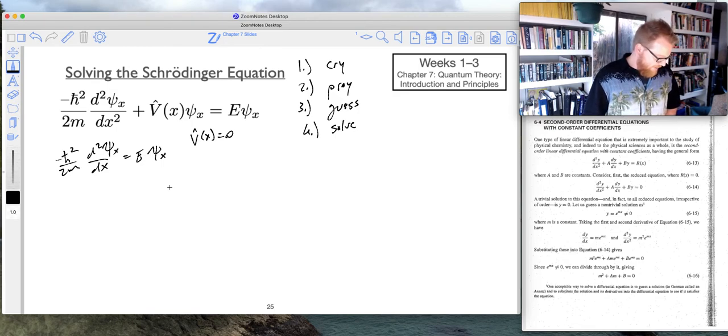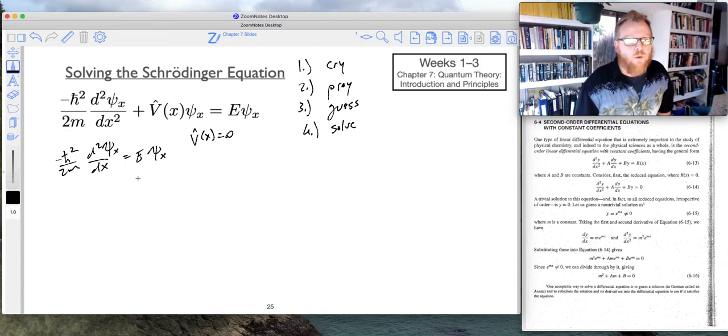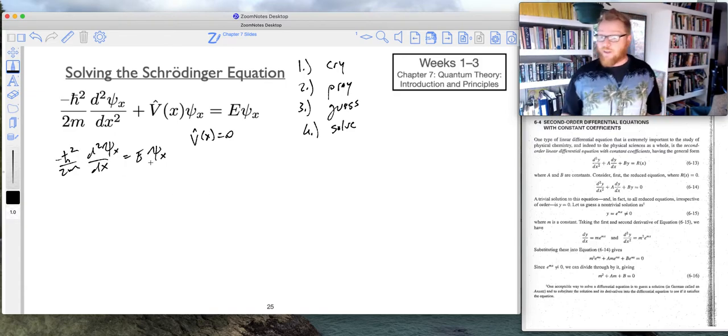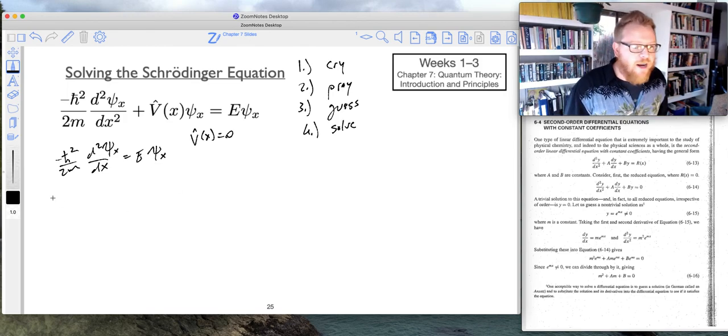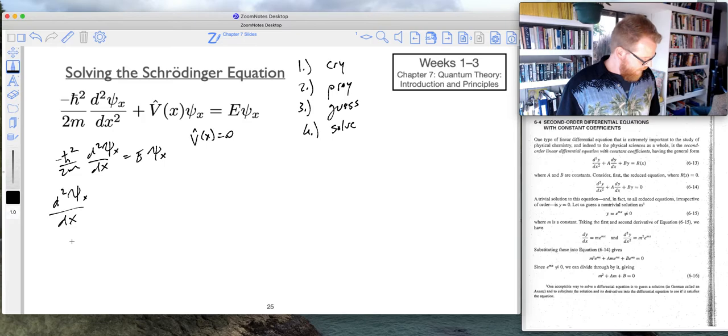I want to get this in terms of the reduced equation, which means I want to eliminate the constants in front of the second derivative, and I want to get this whole thing set equal to 0. Okay? So I'm going to write that as the second derivative of psi. And I'm going to do a couple of different algebraic steps at once, and I'm going to describe to you what I'm doing.